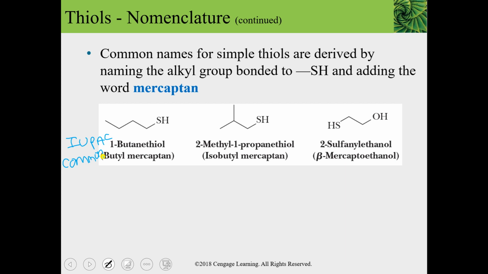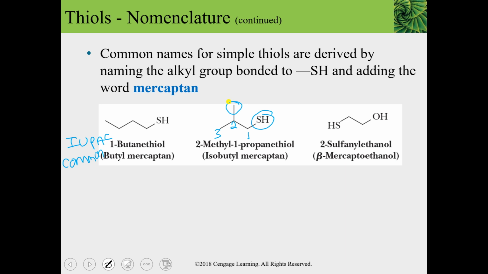Second one, we got the thiol on the first carbon, methyl group on the second carbon. So 2-methyl-1-propanethiol, or isobutyl mercaptan.